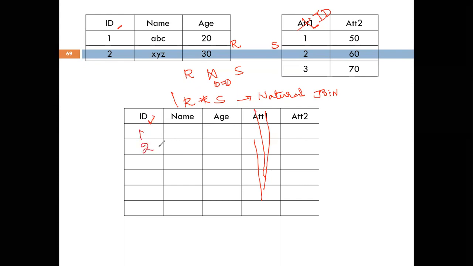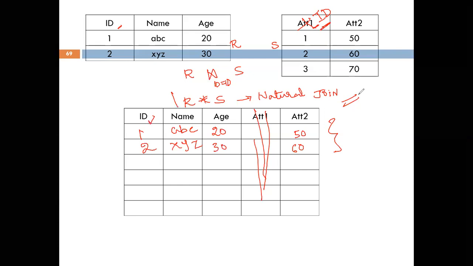So we will have 1, 2, name ABC, XYZ, 20, 30. Here the attribute 2 values will be present, 50 and 60. Attribute 1 we don't have now, because attribute 1 has been renamed as ID. So this is the natural join. Natural join is a join operation where the relations are joined based on the attributes having the same name.